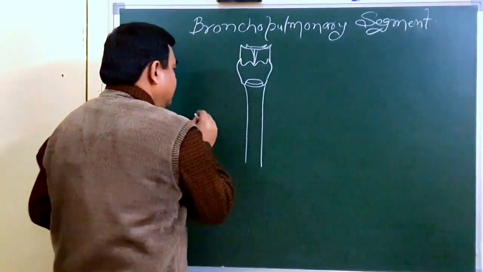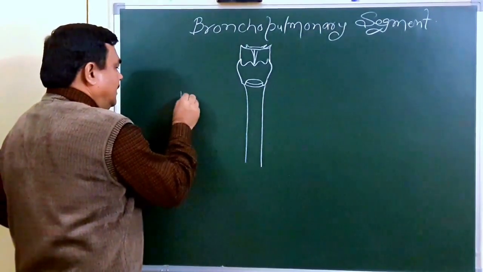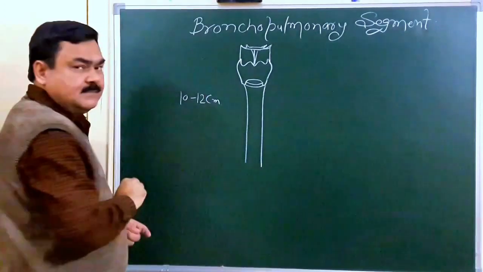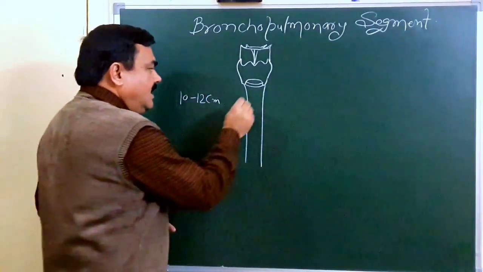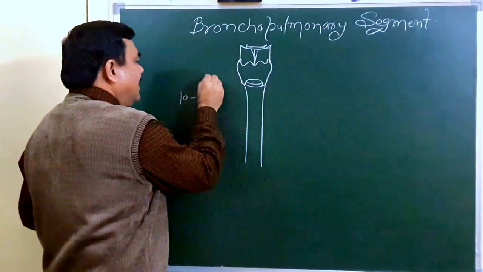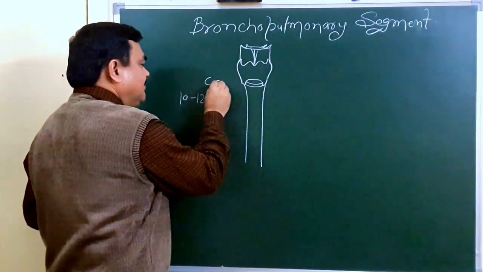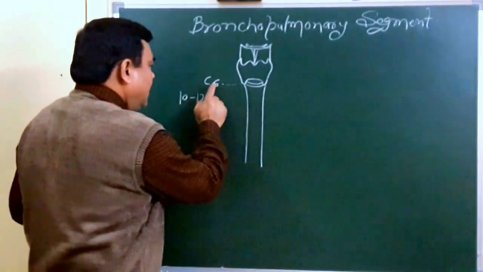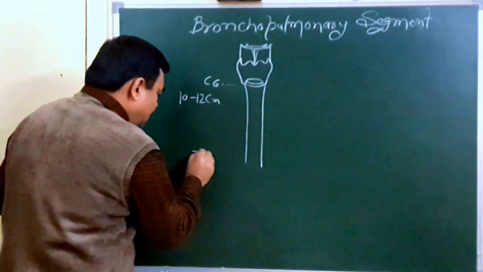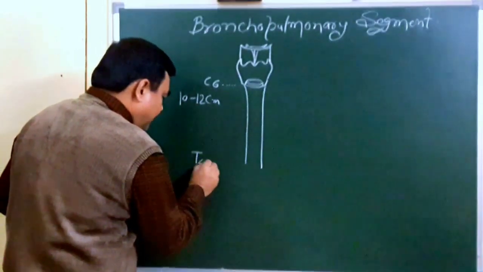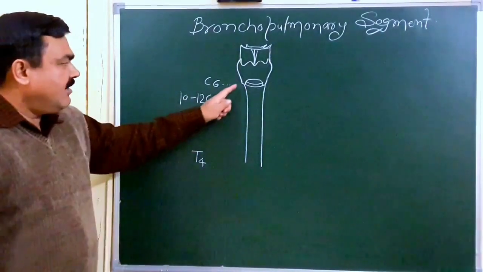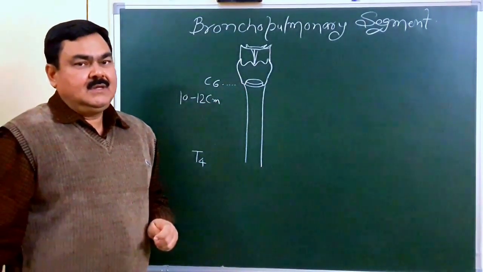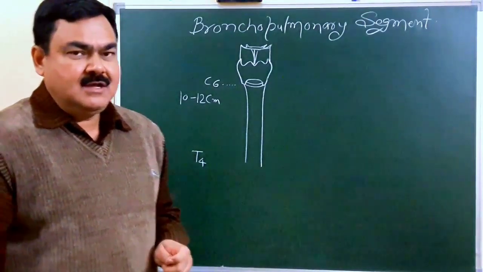The length of the trachea is about 10 to 12 centimeters. It extends from the level of C6 vertebra to T4 vertebra, in lying position or in cadaveric position.